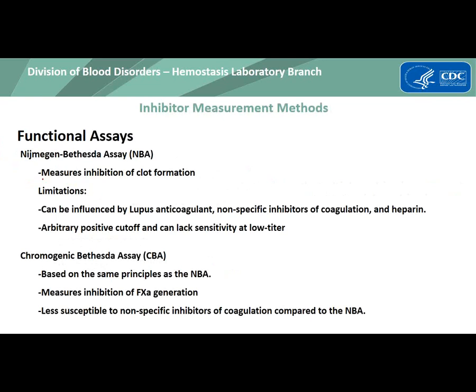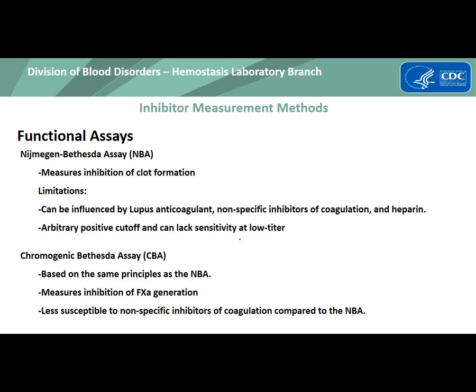Some of the limitations of the Nijmegen-Bethesda assay are that it can be influenced by the presence of lupus anticoagulants, other non-specific inhibitors of coag, and also heparin. In addition, this assay uses an arbitrary positive cutoff, and it can therefore lack some sensitivity at low titer. In addition, there are some problems with interlaboratory reproducibility at low titer.